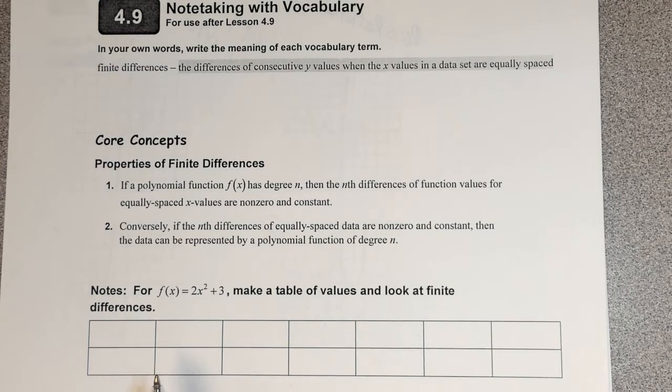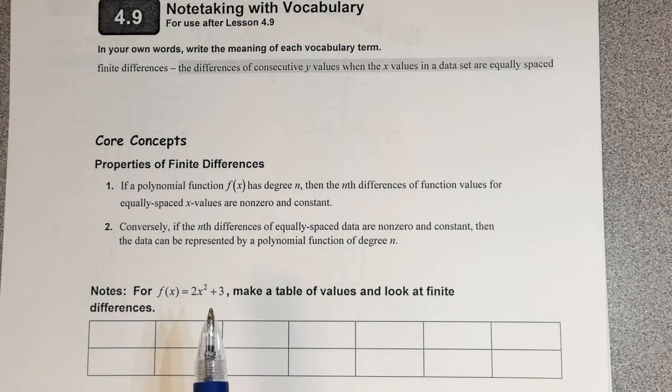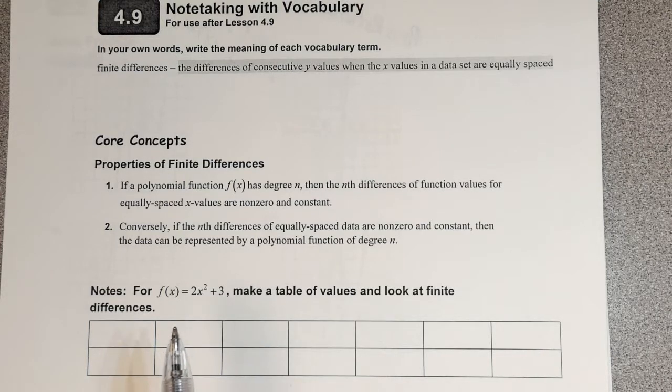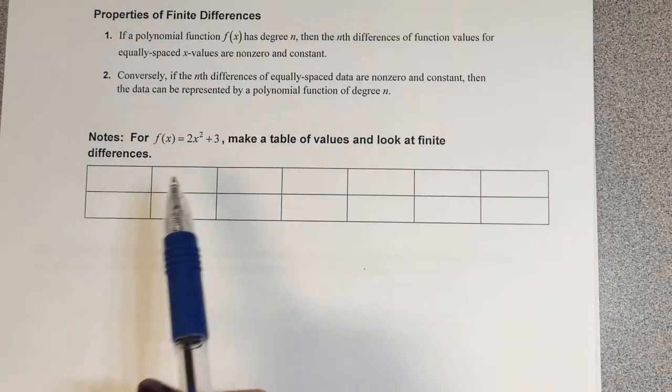If a polynomial function has degree n, then the nth differences of the function values for equally spaced x values are non-zero and constant. I'll show you what we mean by that here in just a minute. Conversely, if the nth differences of equally spaced data are non-zero and constant, then the data can be represented by a polynomial function of degree n. Okay, doesn't make a lot of sense when you listen to it that way, but it will once we do a couple of examples. So let's look at this first one here.